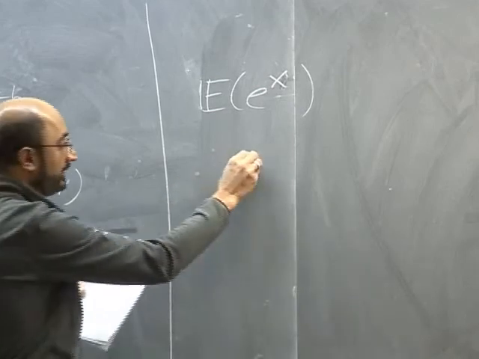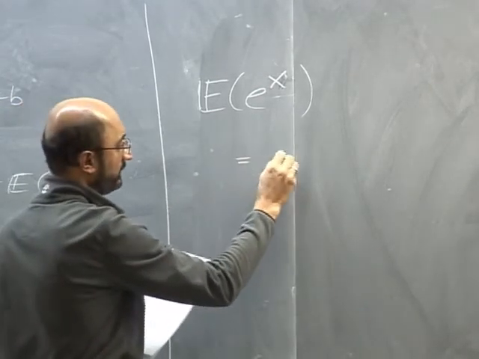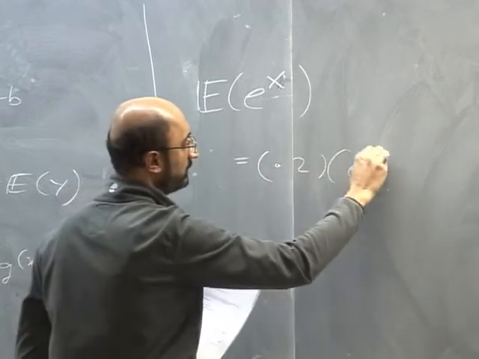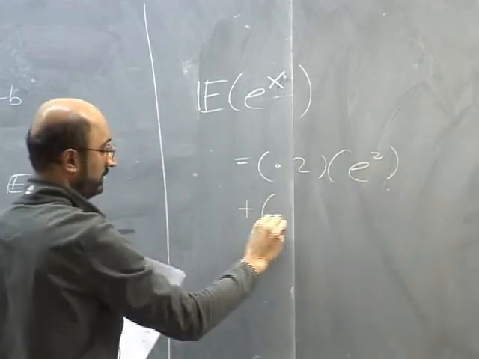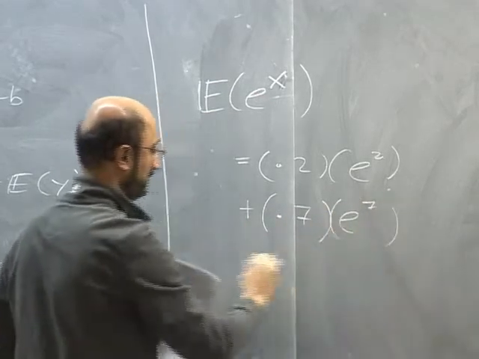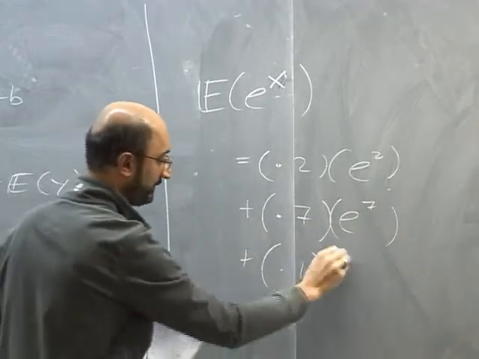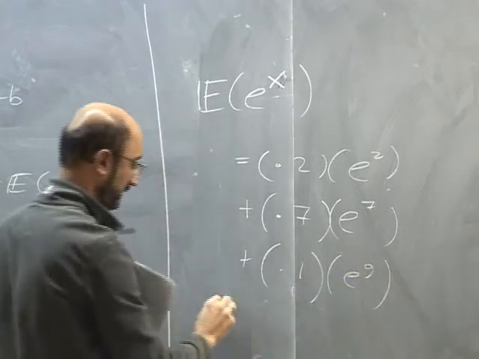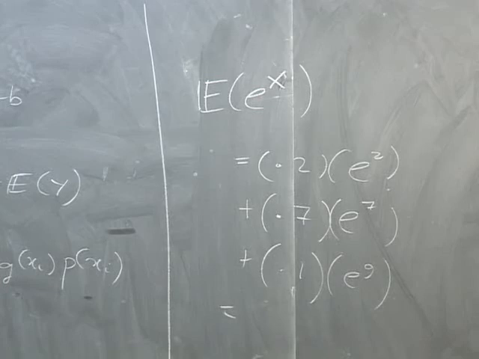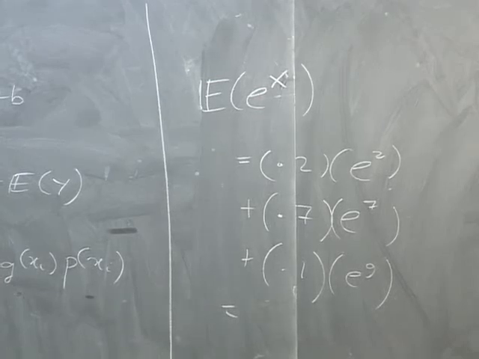All it means is that it's going to be the first value 0.2 times e to the power 2 plus 0.7 times e to the power 7 plus 0.1 times e to the power 9. It's whatever it is. So that's what we mean by expected value of a function of a random variable. In the discrete case, it's going to be this.